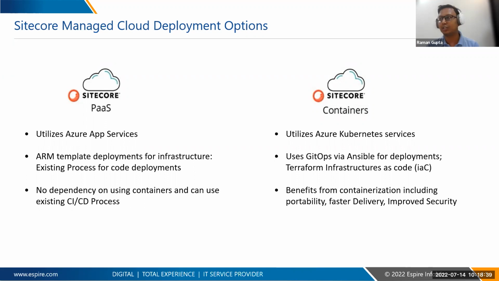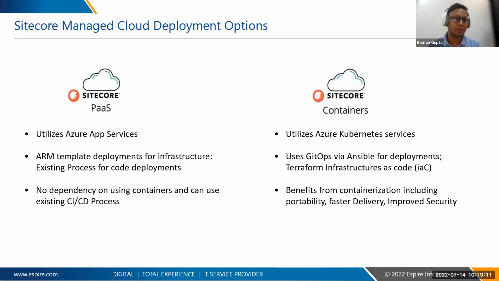Sitecore PaaS is obviously an option we are already familiar with, and it is a very tried and tested and mature product from Sitecore. But the container option was just introduced with Sitecore version 10. So I would not say that it is fully matured, but it is on its way to maturing, because we have seen many customers choosing it, and we ourselves at Aspire are working on many projects on the container managed cloud option.